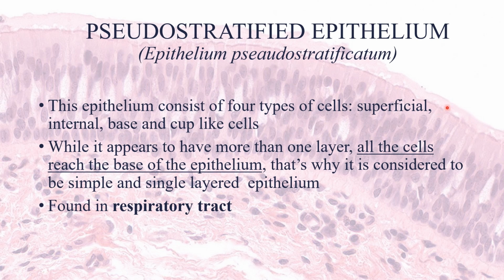But besides looking like it's made of many layers, all of the cells that are in this epithelium reach the base of the membrane, and the bottom of the cell is always connected to the base. So that's why it's not layered, it's just one single layer of epithelium. And this specific epithelium can be found in the respiratory tract.